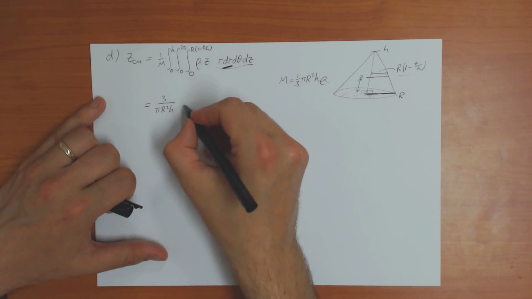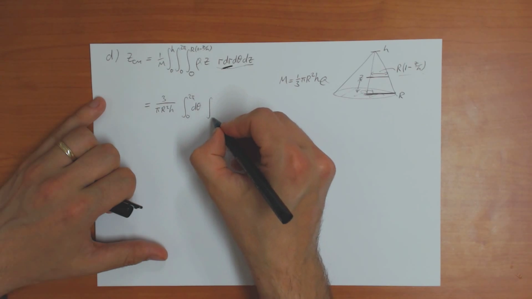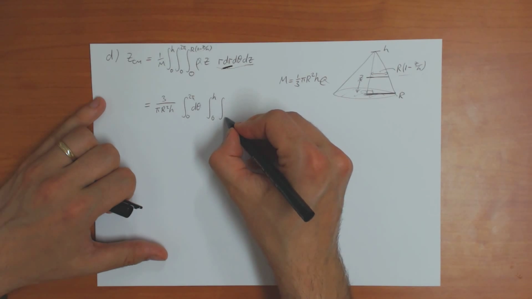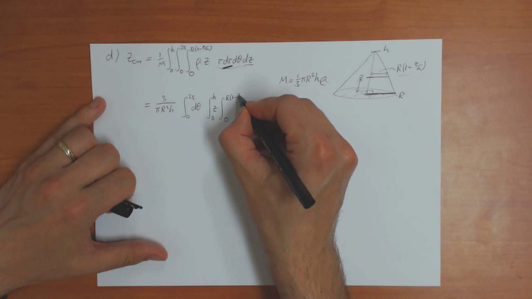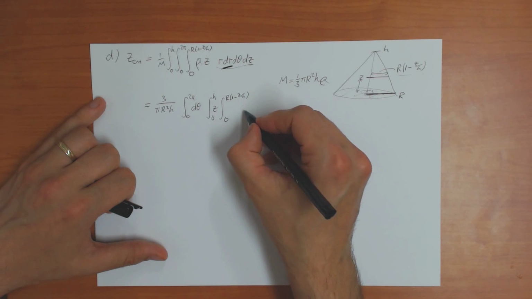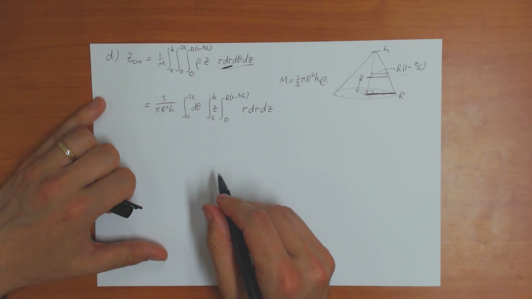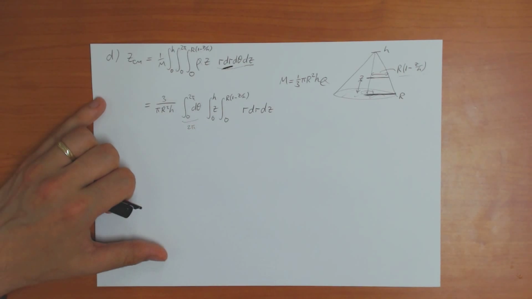So we can separate the theta integral because nothing depends upon theta. And then you've got the r and z integrals together: z integral from 0 to h, r integral from 0 to R(1 minus z over h), of z times r dr dz. Okay, so this theta integral just gives you 2 pi.